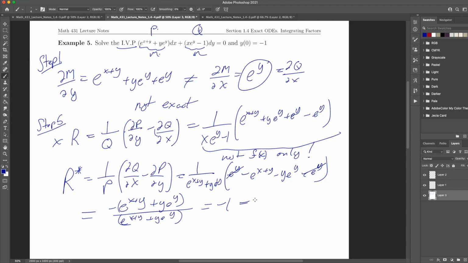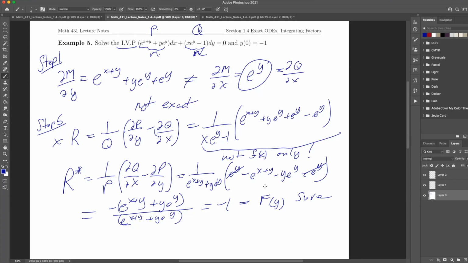Is negative 1 a function strictly of y? And the answer is sure, right? Yeah, this is an n. And so, yeah, sure. I mean, technically constants are functions strictly of only one variable. So technically you're fine. So you say, sure.